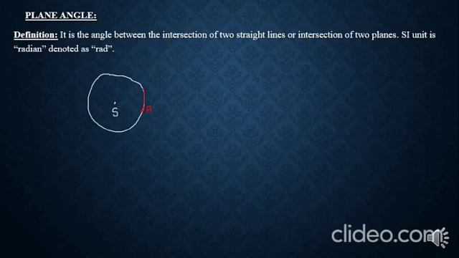It reaches the point B. So this part of the circle AB is called the arc. This length AB, I consider it as the arc length, and I mark it as X.